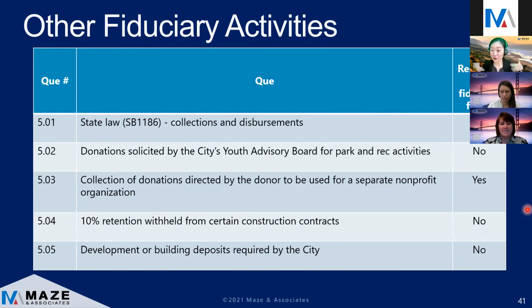So do you remember a few years ago, if you are one of our clients and we're trying to help you implement, for the CERBT plan, we say don't put it in the fiduciary fund, because at the time the determination is who's the plan administrator, because PARS came out and said they are not the plan administrator. So a lot of our clients put it in the fiduciary funds, but under 84, you no longer need to do that. So you can take that out. And I forgot to mention that.